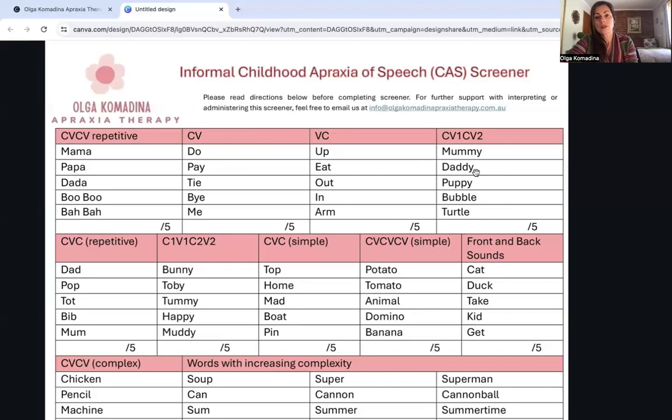Let's jump over, just for the sake of understanding the differences in these CV structures, to this one here. What do you notice has changed? Again, it's all early developing sounds, but the syllable structure is different. Can you see how? What has changed? So the consonants and the vowels change.